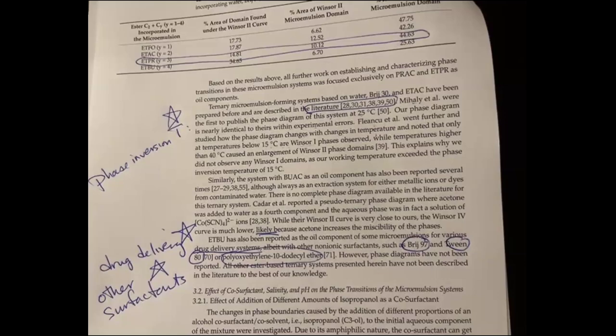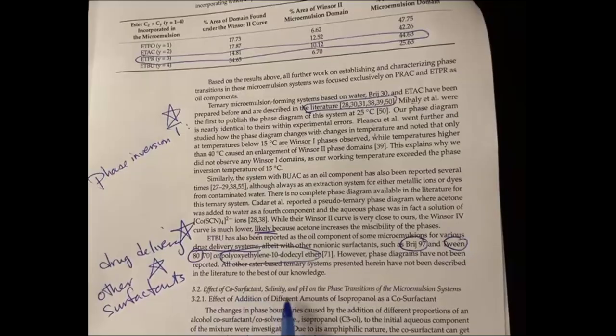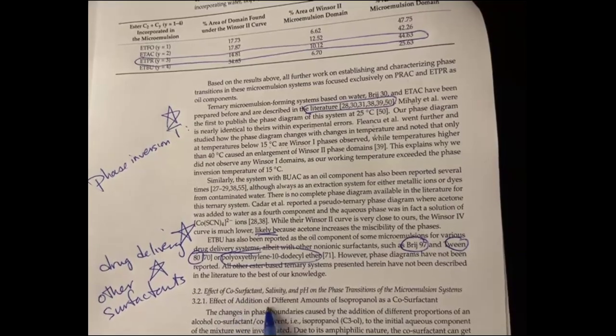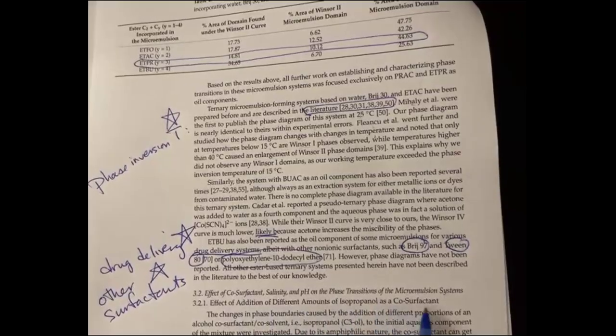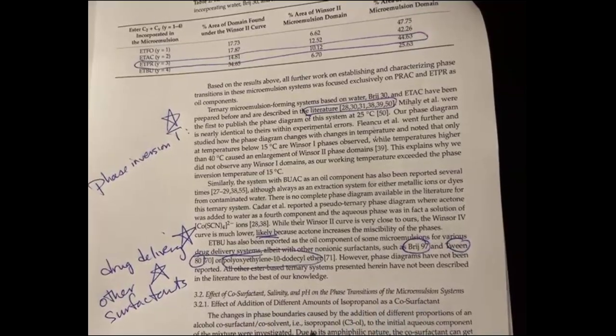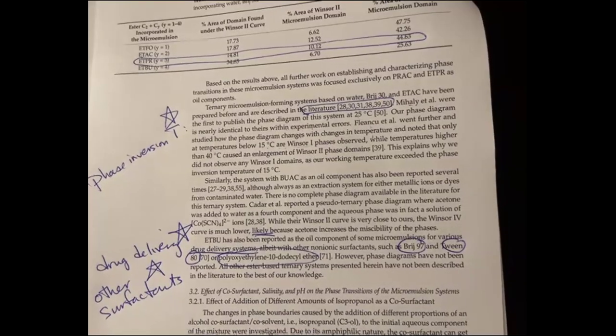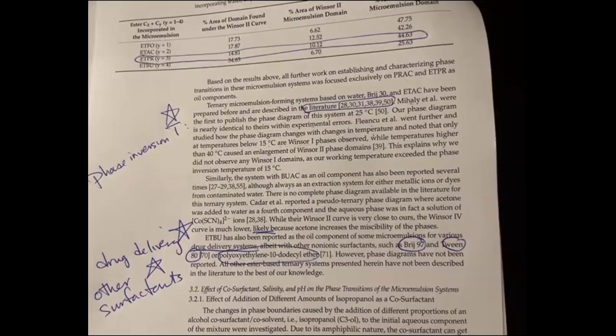And I don't know how far we're going to go on because of effective co-surfactant, salinity, and pH, maybe effective addition of different amounts of isopropanol as a co-surfactant. Just scanning this over, I mean, maybe we've done enough for now.